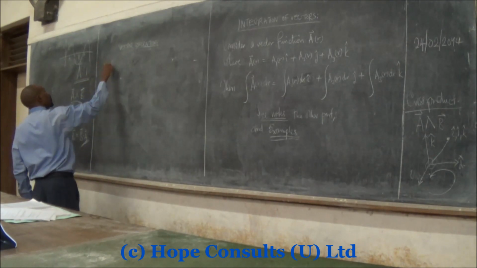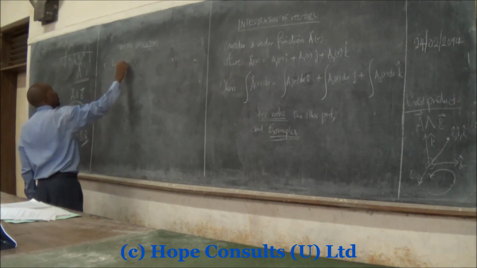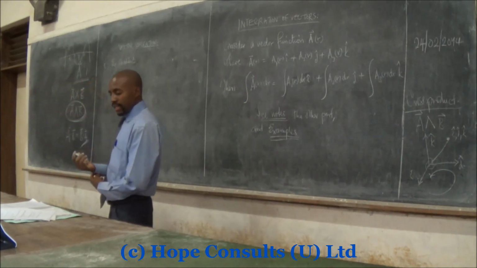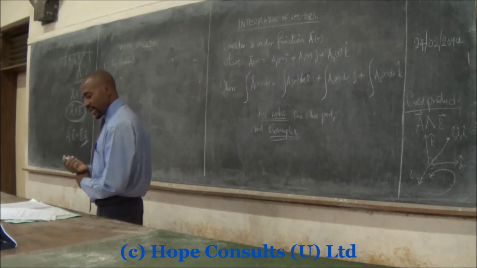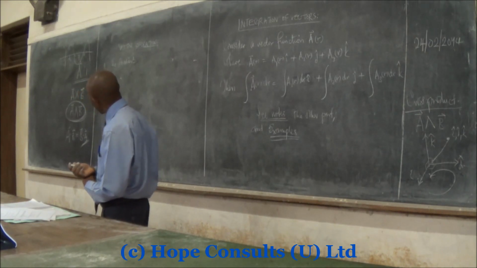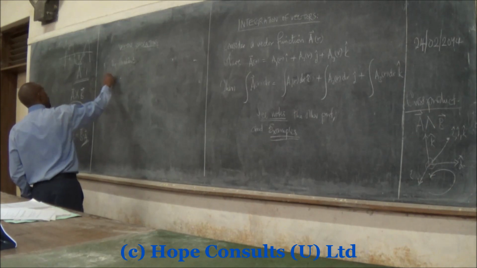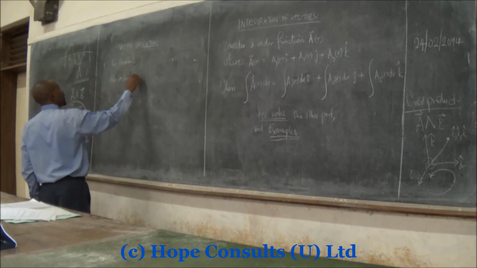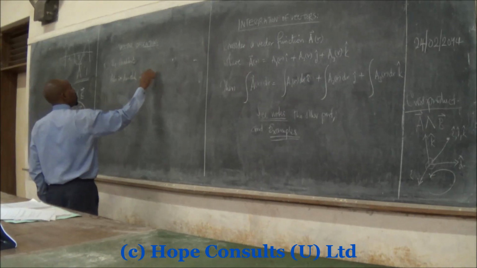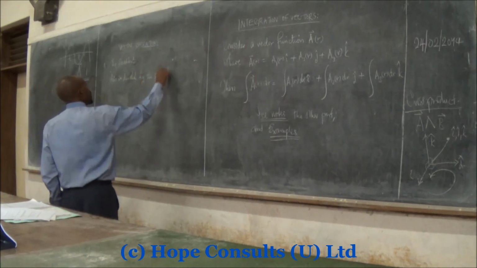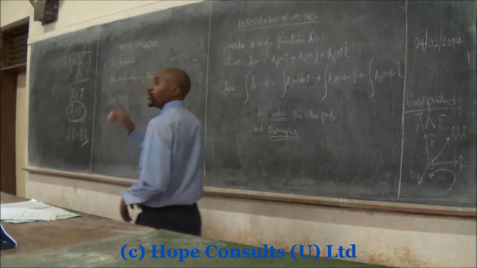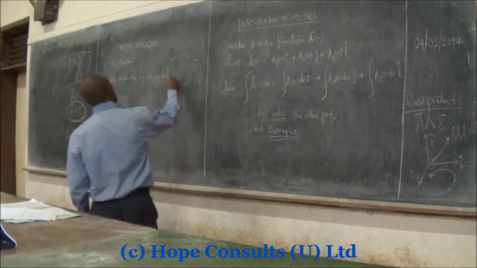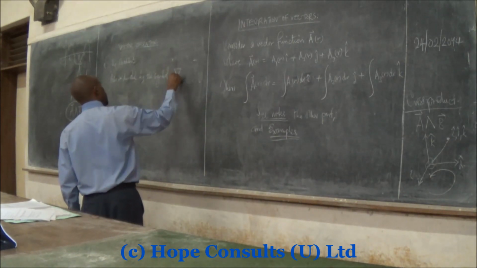So when we talk of the gradient operator, the gradient operator del, this is denoted by the symbol, capital small change, and we have it as this.